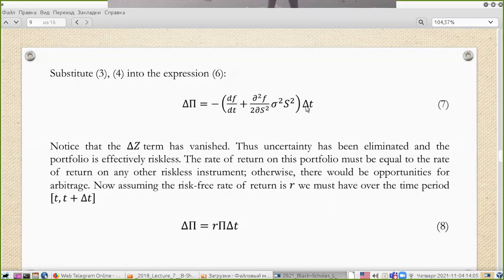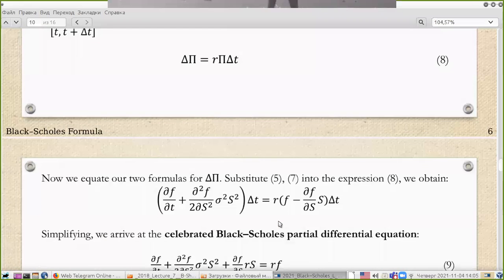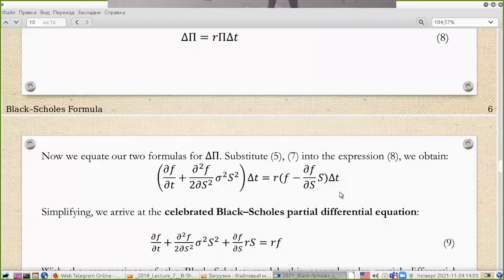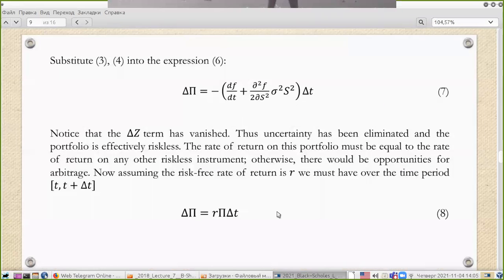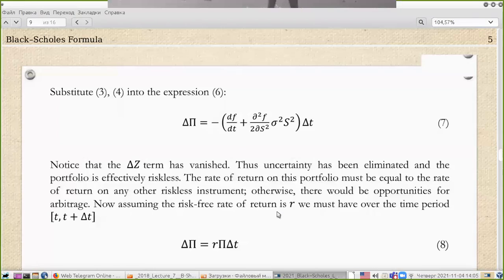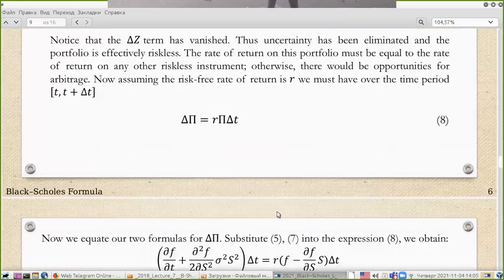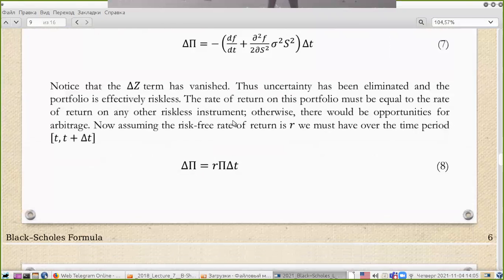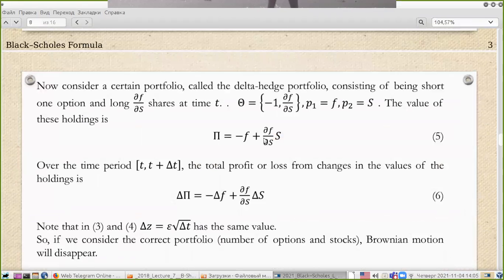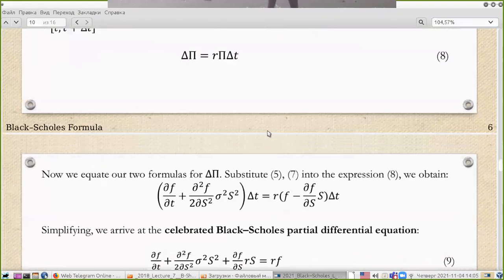And you see that this delta T and this delta T, we cross them out. So we have this formula. On the left side it is this, and on the right side, delta t, and P equals formula 5, minus F plus the derivative with respect to s.